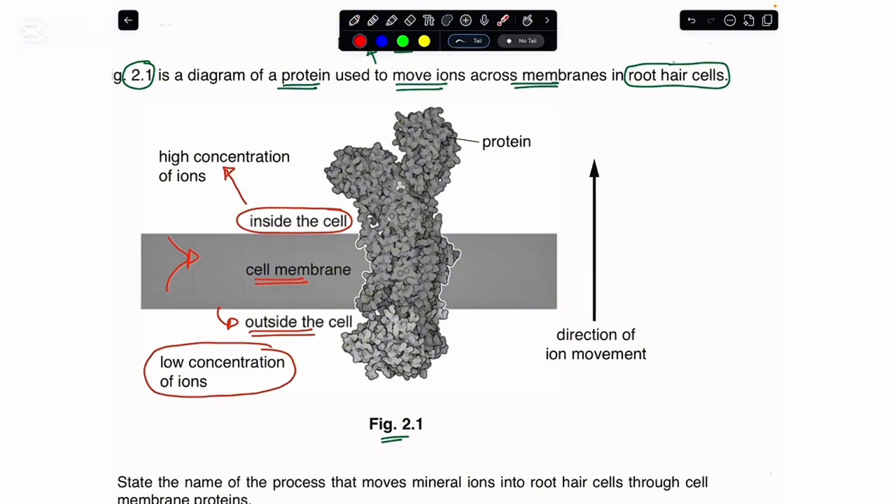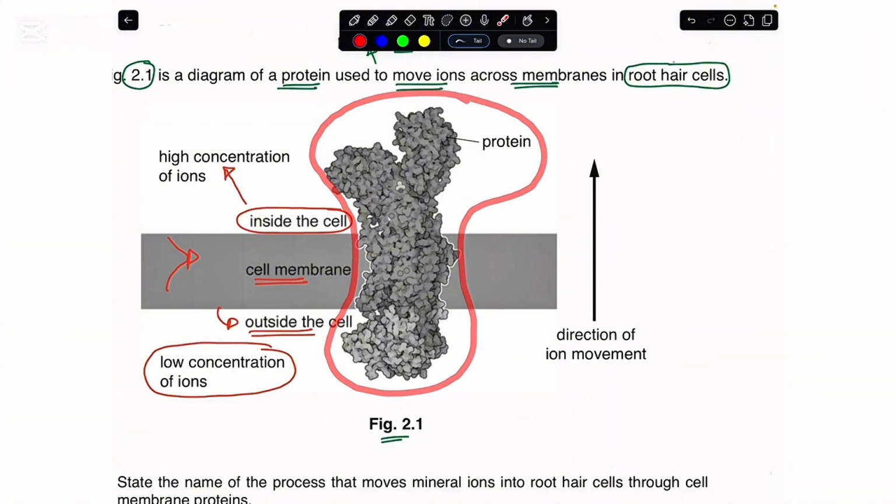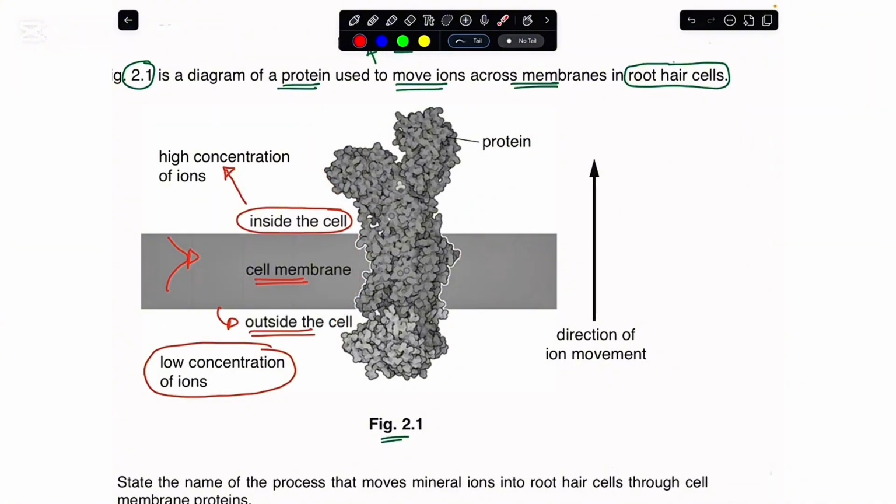If you follow this arrow, the ions are moving from the lower concentration to the higher concentration. So the point that must click in your mind is that since the particles are moving from the lower to the higher concentration, this is active transport. They have shown you the presence of the protein that is accommodating the movement of the ions.